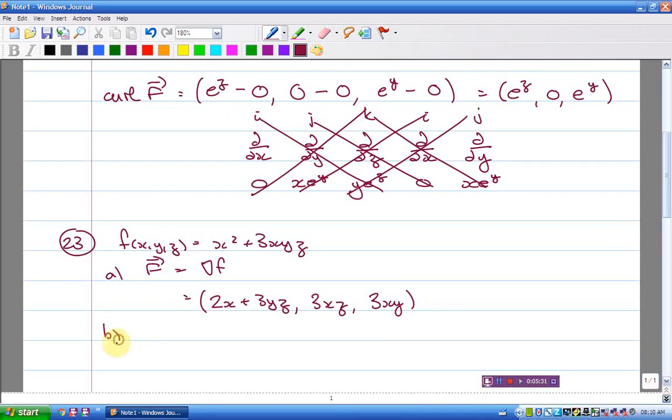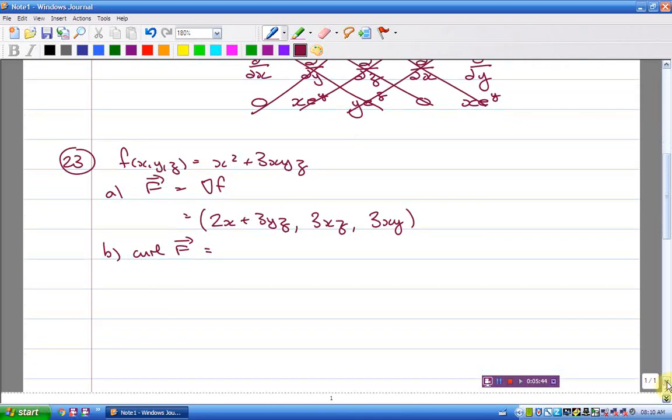And now in B we want to find curl of big F. And remember those two theorems I ended with yesterday? It said that curl of grad f is 0. Well, let's see. Obviously you can't prove something with an example, but you can at least kind of convince yourself that maybe there's something to it.